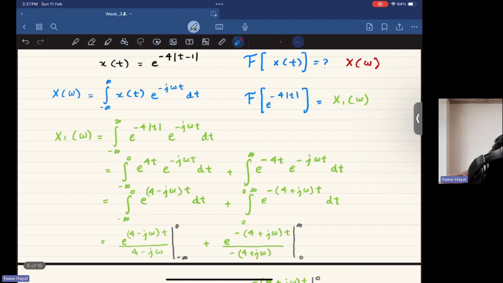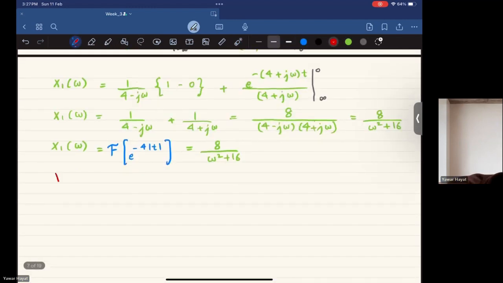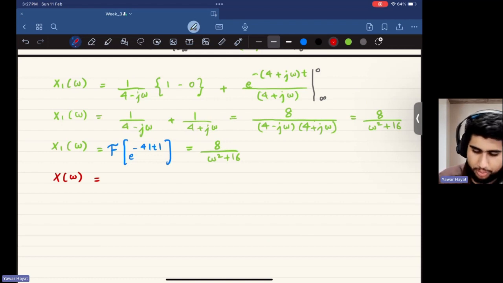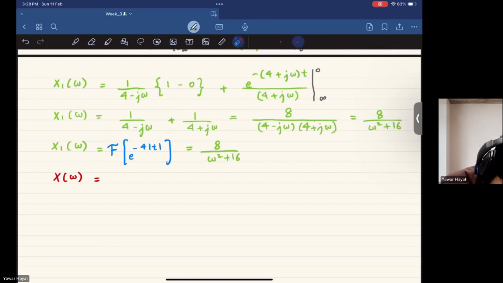So let me write this X of omega. What is this X of omega equal to? Okay, if this is x of t, wait, let me first write this.